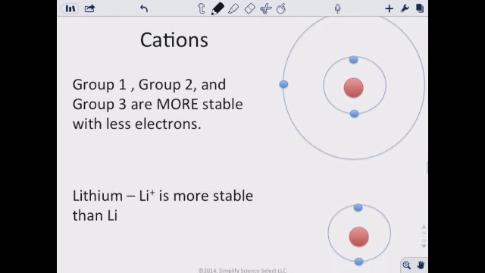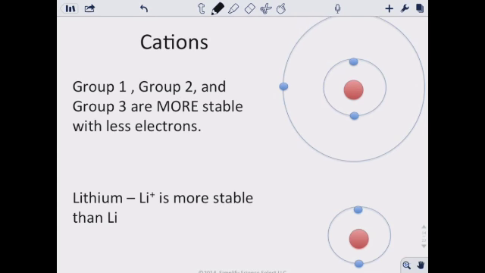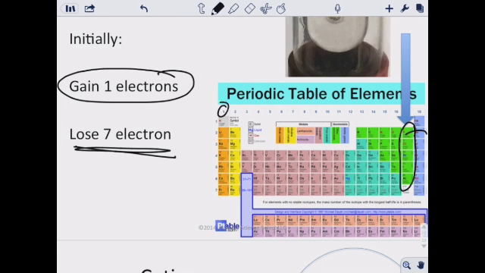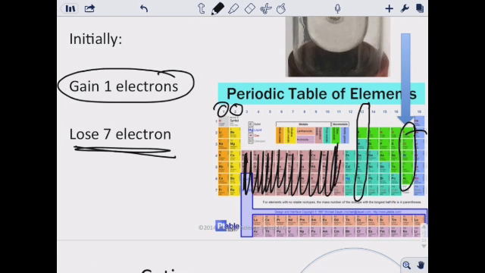So a cation, when we're looking at the periodic table, groups 1, 2, and 13, are more stable with less electrons. The reason why we jump from group 1, group 2, all the way over here to group 13 is that we leave out the transition metals, because these guys have multiple oxidation states, and they have a lot of exceptions.